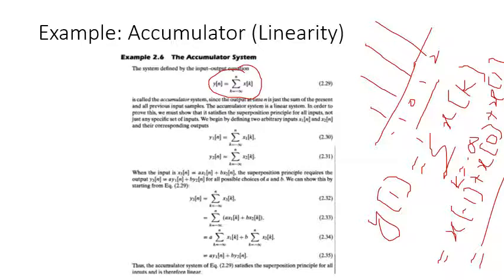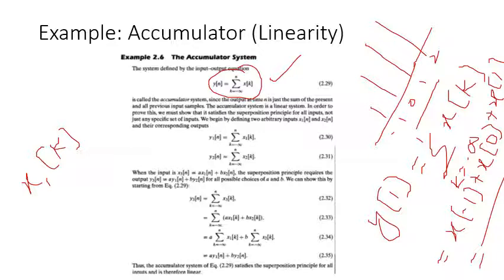So we want to check whether this system is linear or not. We have to satisfy two rules: additivity and scaling. We pass one input x1[k] through the system, which basically adds the previous values.